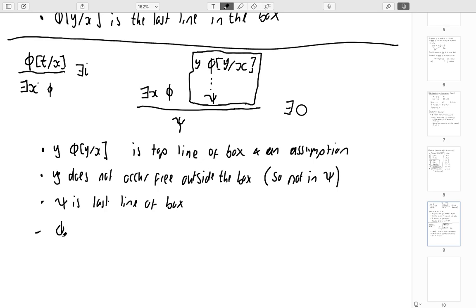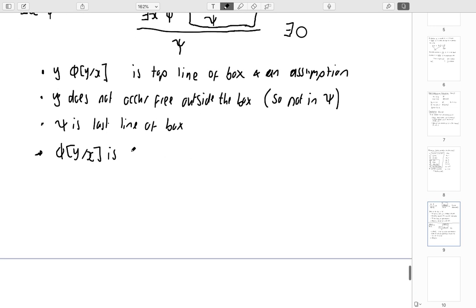So phi with y for x is the only open assumption in the box.